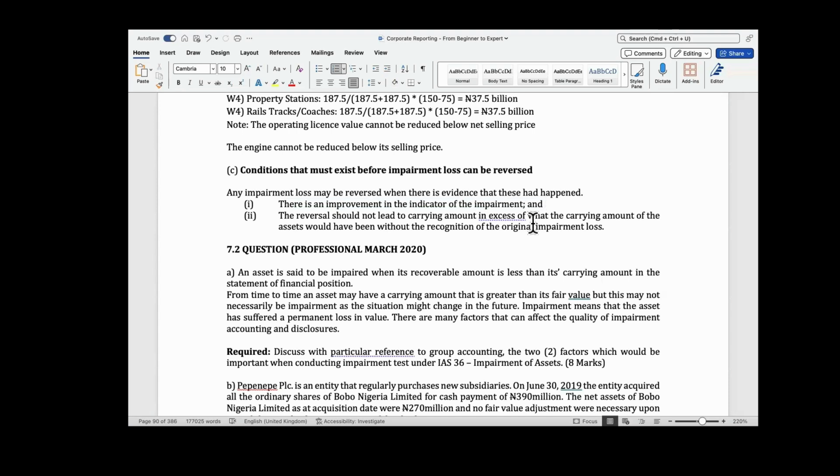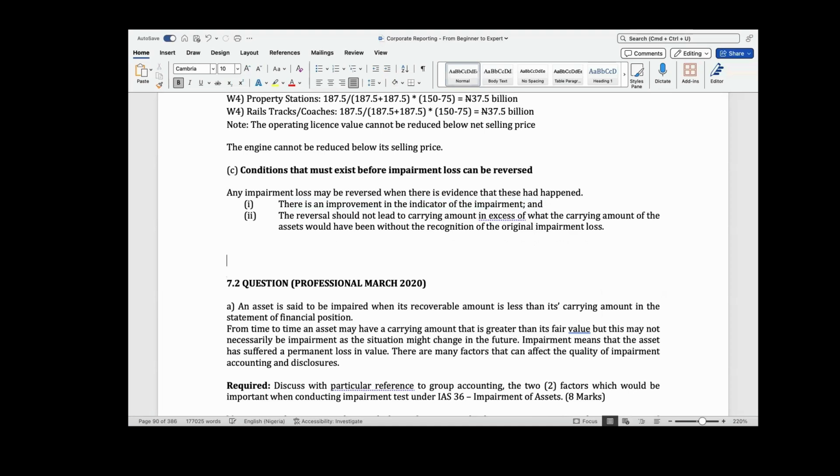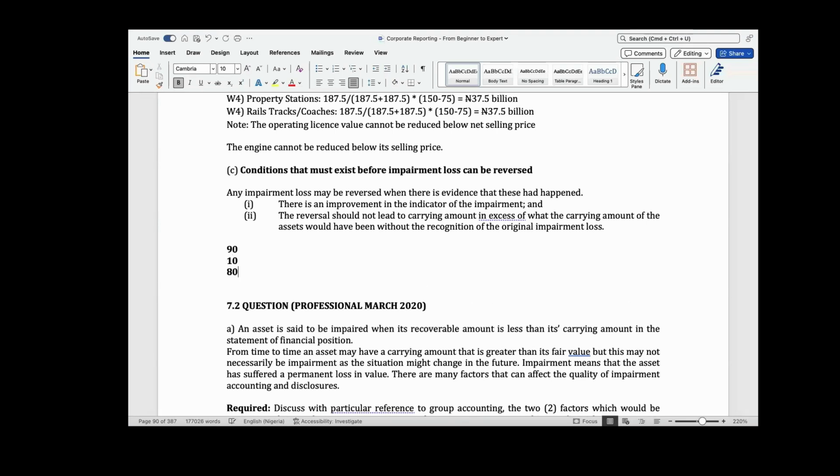Another one is that when you reverse, don't reverse in such a way that the new value you are now getting is more than the value in your books before the initial impairment. Before impairment even came on at all, let's assume that the value in your books was, let's say, 90. So after impairment, the value came down to 80.